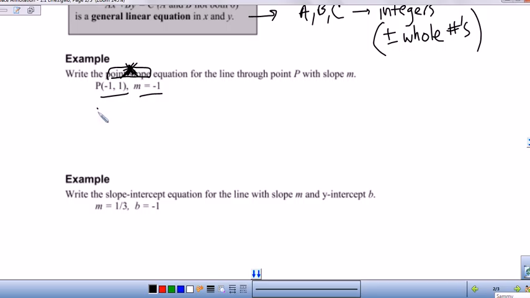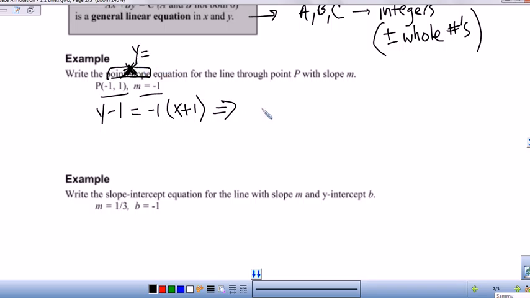So point slope form is usually the most popular, so it's going to be y minus 1. So y minus y1 is equal to your slope times the quantity of x minus x1, so that ends up being x minus a negative 1. Okay, and then you can stop there because that's point slope form.